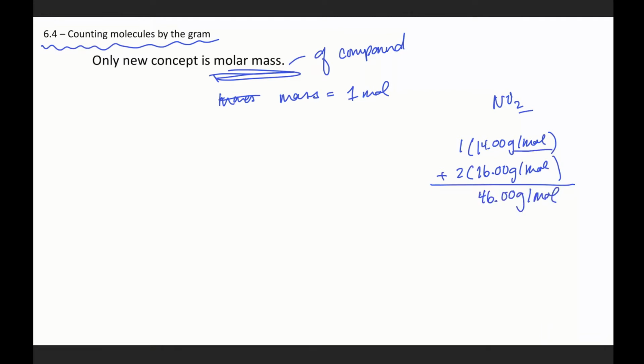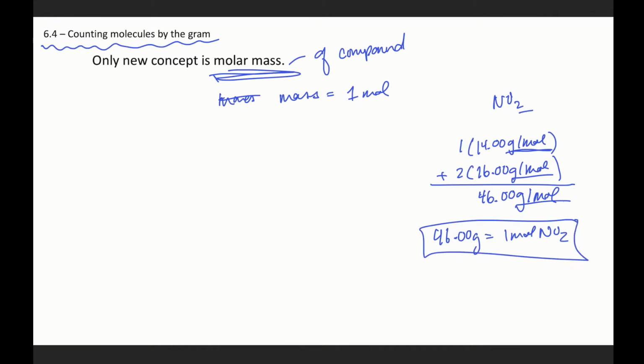This is just like x's in math: 14x and 32x gives us 46x. Does that make sense? So 46 grams is equal to 1 mole of NO2. However you want to write that, we put each piece wherever it belongs, but that is how we do the molar mass for any substance.